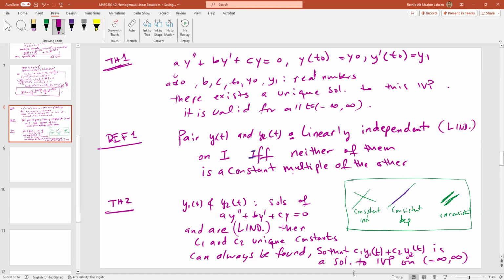So this theorem 2 is about representation of solutions to the initial value problem.